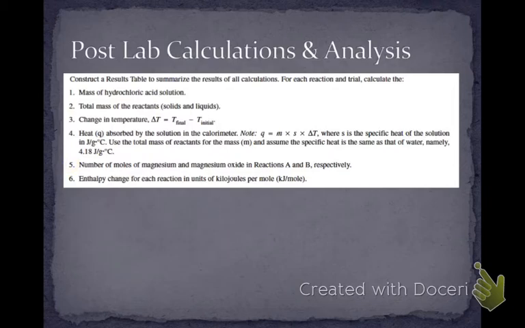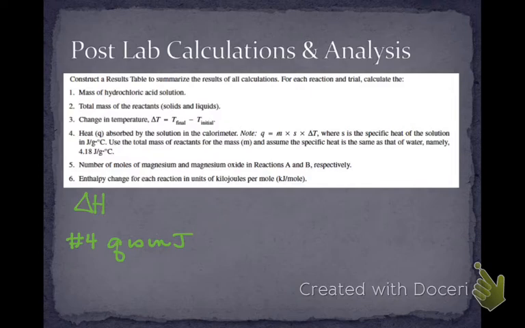Now I want to take a look at number 6. Number 6 is asking you to calculate the enthalpy change, and enthalpy change is delta H. So here we're calculating delta H. You're going to need the information that you calculated in number 4. In number 4, you are calculating Q, and the units for Q are joules.